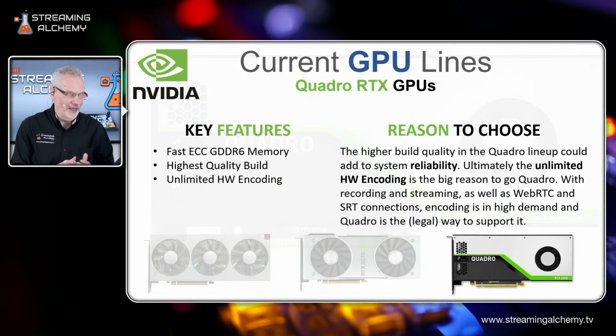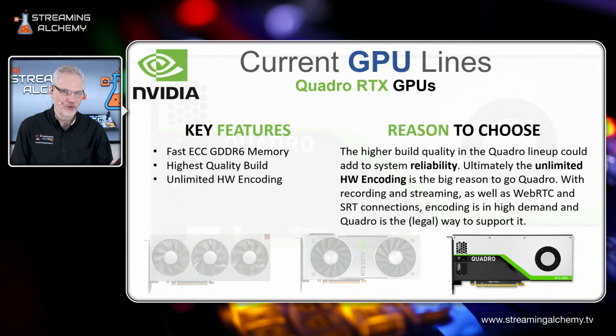So one of two things is going to make you do this. Either the reliability. If you are really abusing your system, bringing it into tough places, shipping it around all the time, thermally challenging it, you will probably have higher reliability with the Quadro than you would have with the GeForce. But I don't think it's really worth that. You'd probably be better off carrying a spare card with you, if that were the main driver for it.